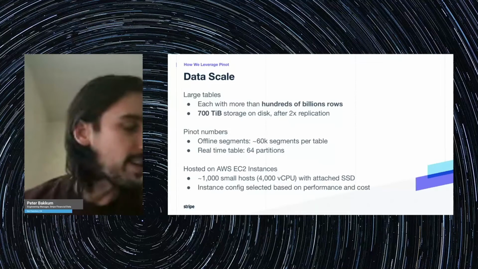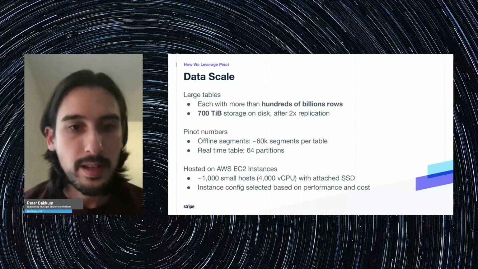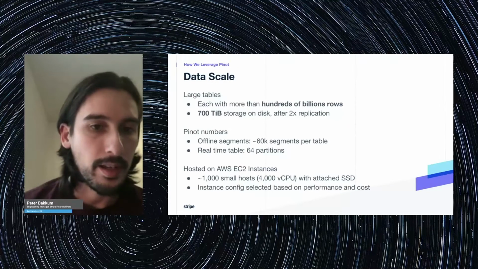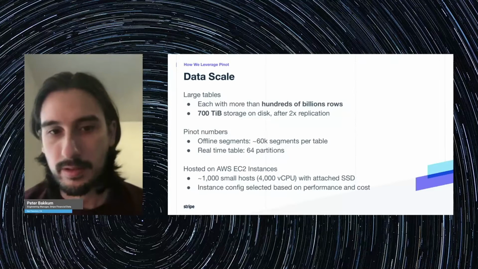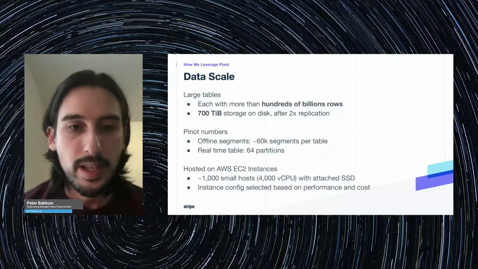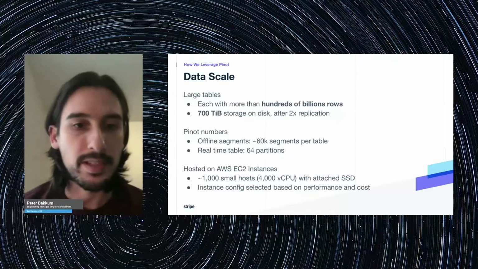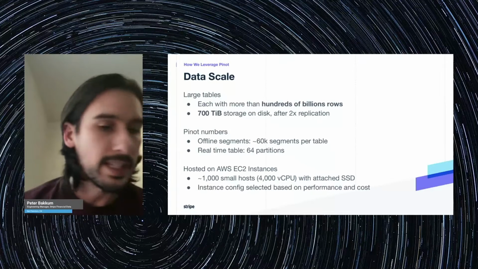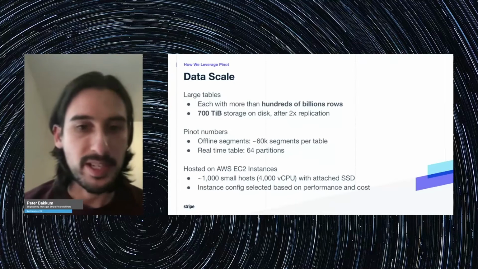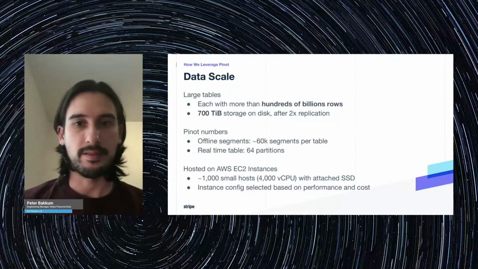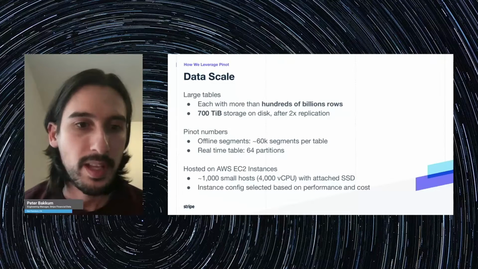So where we've ended up currently is that we run about a 1,000 plus node cluster on Amazon EC2. That's around 4,000 CPUs with attached SSD for this cluster. We selected this configuration based on experimentation, on performance and cost. There's always a performance cost trade-off here.